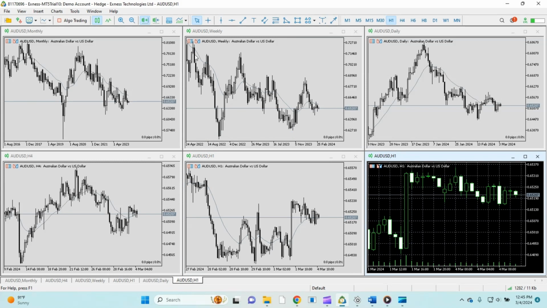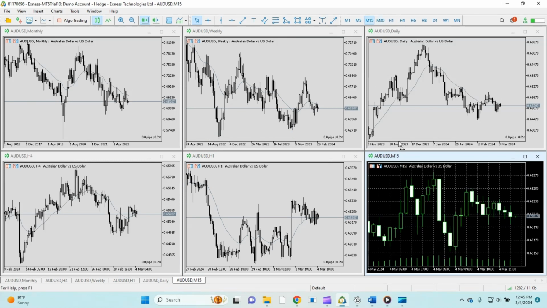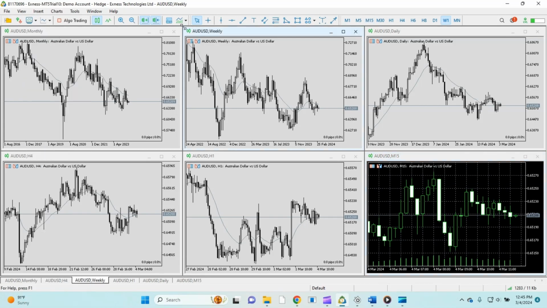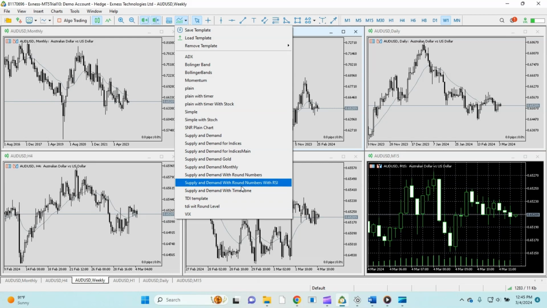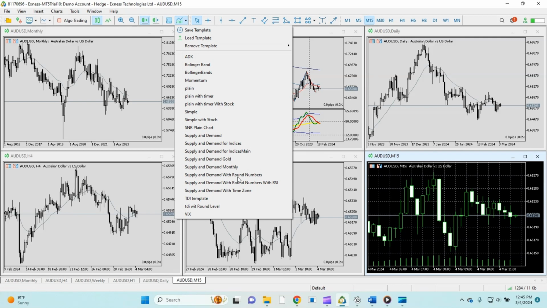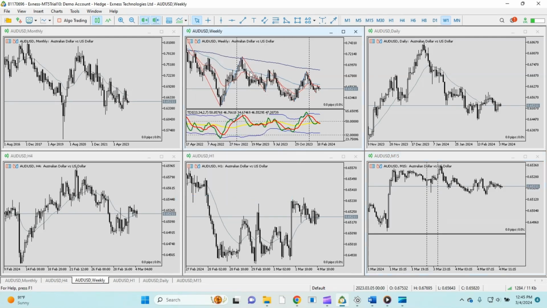Then for the entry, I will use the 15 minutes time frame. This is where I will do my entry. I normally use the TDI template. Okay, I made a mistake. I normally do use the TDI template for this.